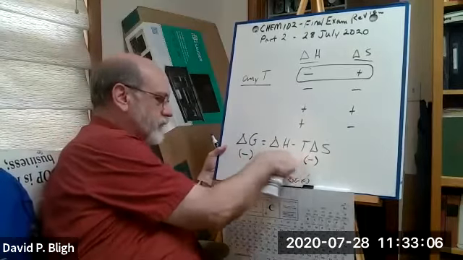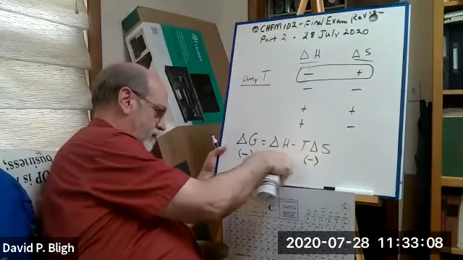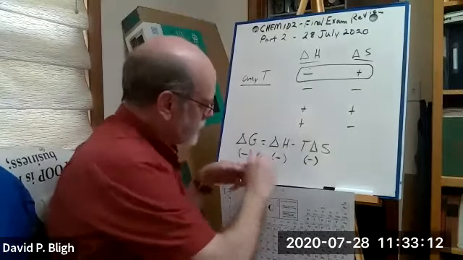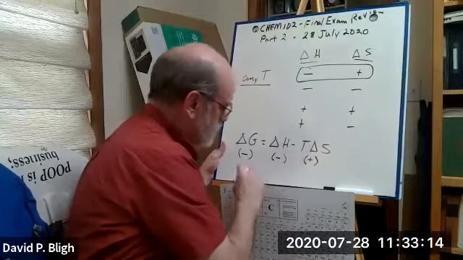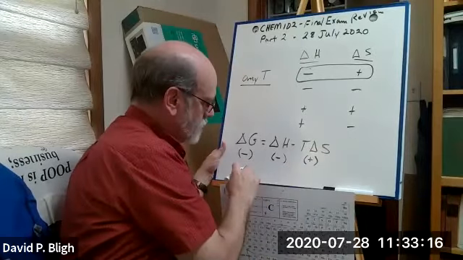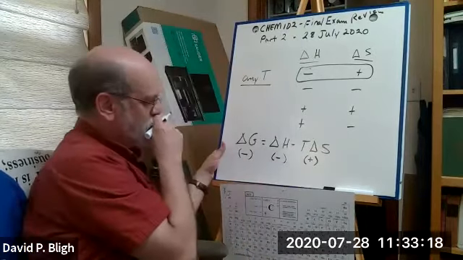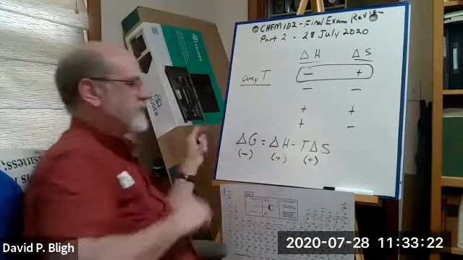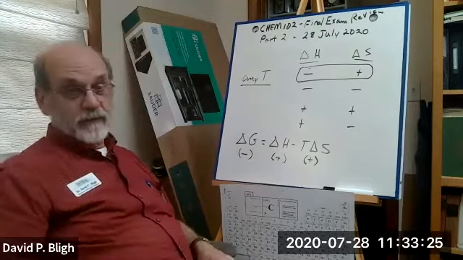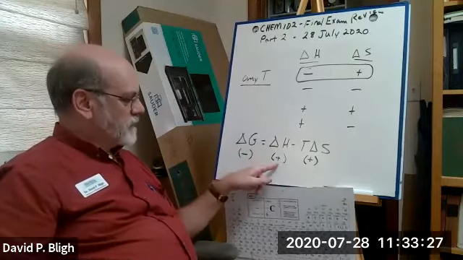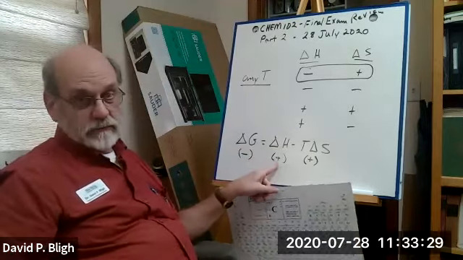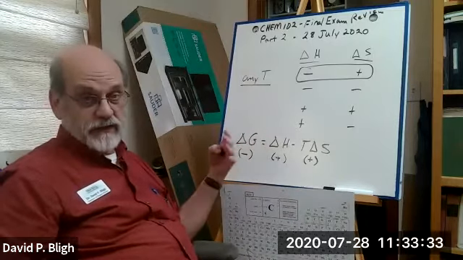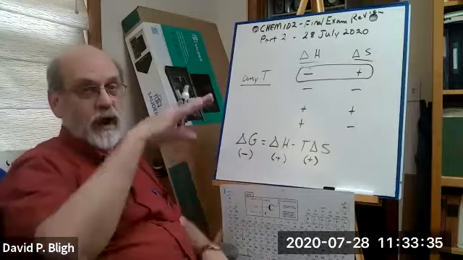Okay, another what if. What if this one is positive? Let's see. We did that one already. What if they're both positive? If they're both positive, we can't do anything about that one unless we assume that the delta H is fairly constant over a wide temperature range.